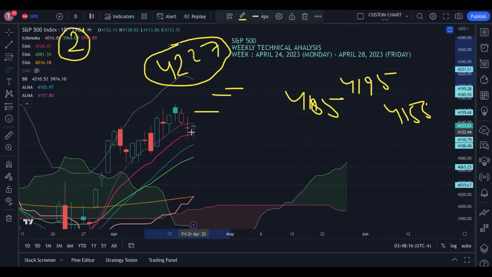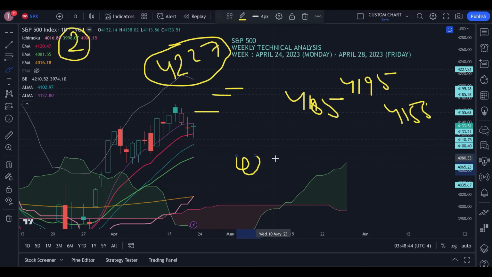Although we have seen that the S&P 500 failed to clear 4155, the reason is that on Wednesday the giants, meaning Google and Microsoft, and on Tuesday and Thursday also, a few giants of the Dow Jones are going to post their earnings. Because of the earnings of these giants, these are trillion-dollar companies, we can expect some movement.